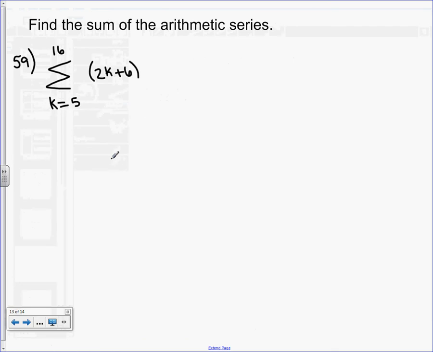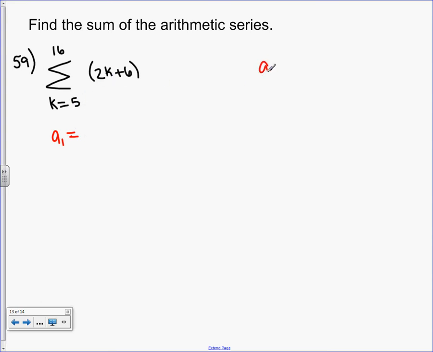Okay, so this has a bunch of information given to us, just not in the same way as the other questions. This is like numbers 41 and 43 and 45, but they didn't just say, hey, a sub 1 is this, so you have to kind of figure it out, okay? A sub 1, the first term, is when I plug this in.